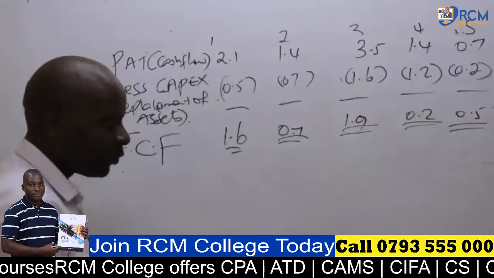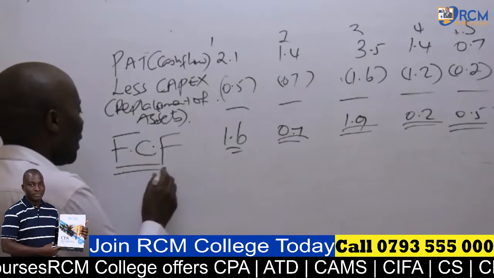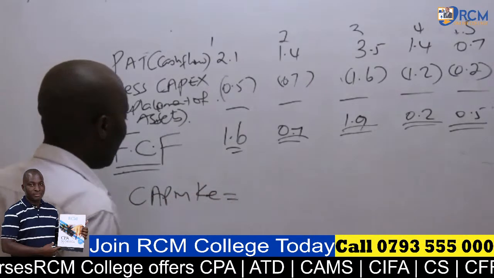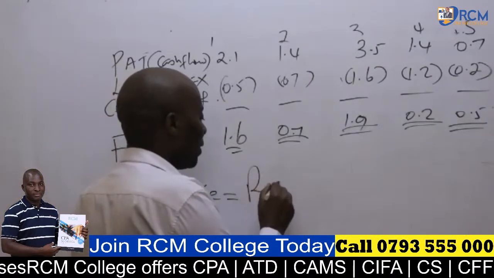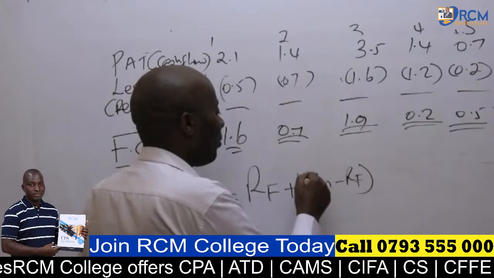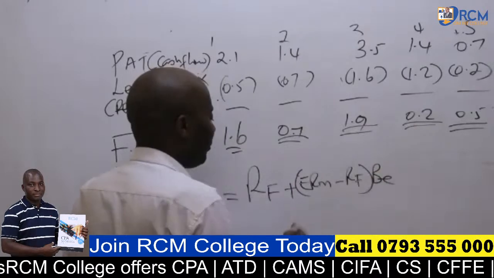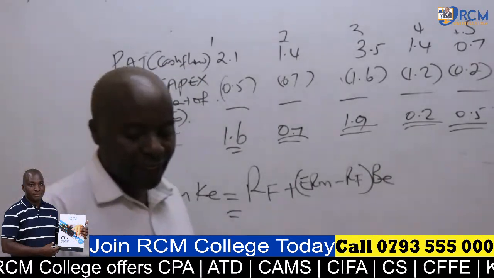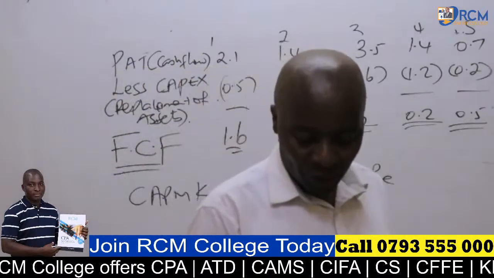Ladies and gentlemen, for CAPM, cost of equity, this is what I have. We know it is risk-free plus expected market return minus risk-free multiplied by beta equity. Risk-free, which also happens to be cost of debt, has been provided in the question.